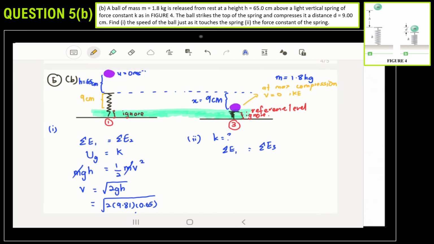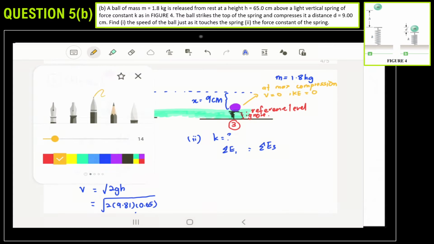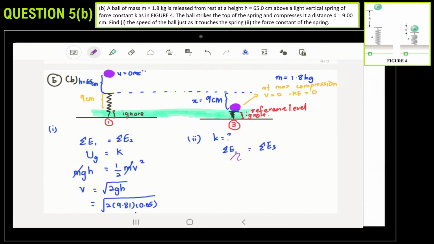Therefore the kinetic energy, half mv squared, is zero, so no kinetic energy at the third stage. What type of energy do we have at the third stage? Since the spring is compressed to the maximum, there is an elastic potential energy of the spring. So on the first stage we have UG and second we have US.